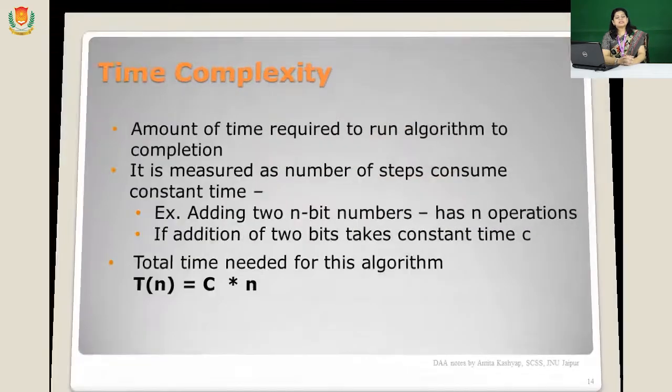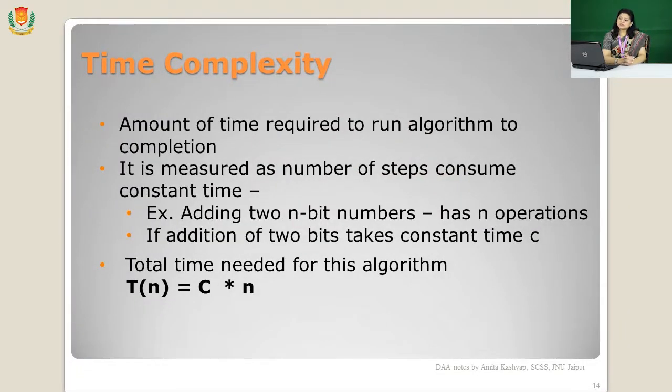The next complexity type is time complexity. How do we determine the time complexity of an algorithm? We calculate the amount of time the algorithm is going to take. That will be the amount of time taken by one statement.